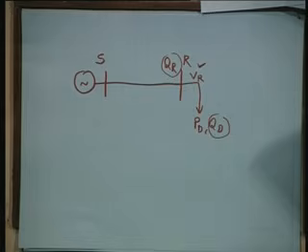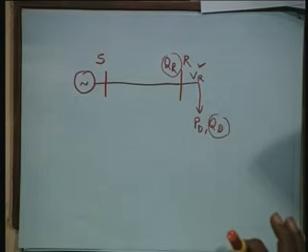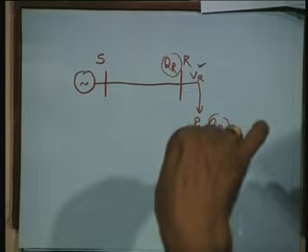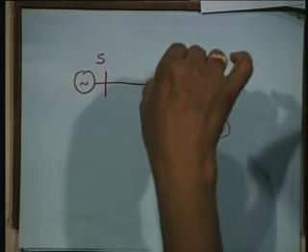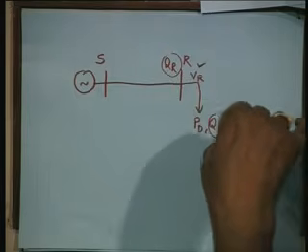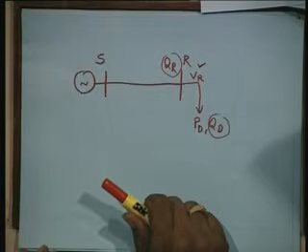You remain between 0.95 per unit to 1.05. But as I said, nature is not so accommodating. This QD and QR are never equal in the Indian system. And if QR is lower than QD, the voltage sags.